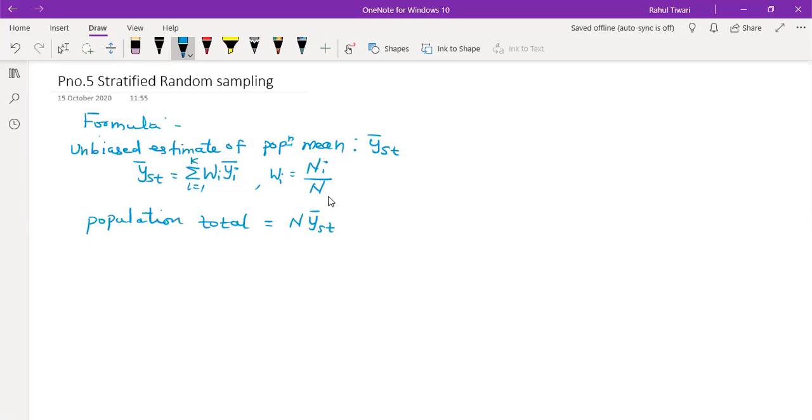Now another formula which we generally deal with is variance. What could be the estimate of variance? Estimate of the variance. What is the question?